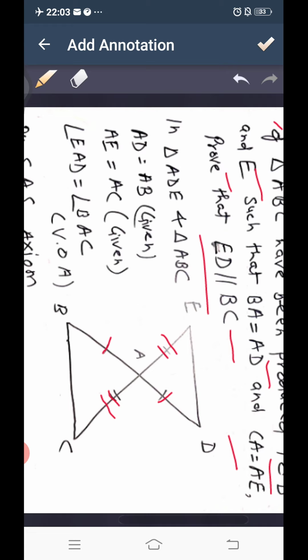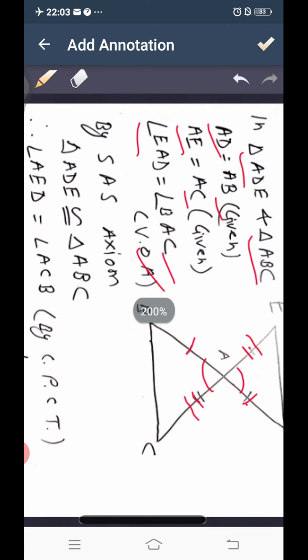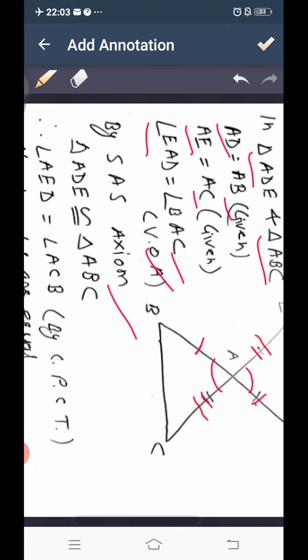So we take triangle ADE and triangle ABC: AD equal to AB, that is given; AE equal to AC, that is also given; angle EAD equal to angle BAC, vertically opposite angles are equal. So by side angle side axiom, triangle ADE is congruent to triangle ABC.